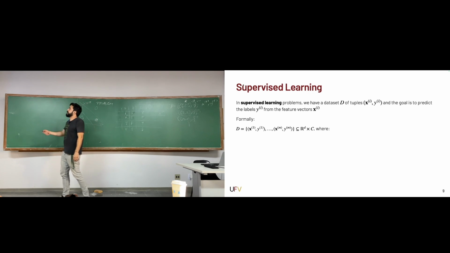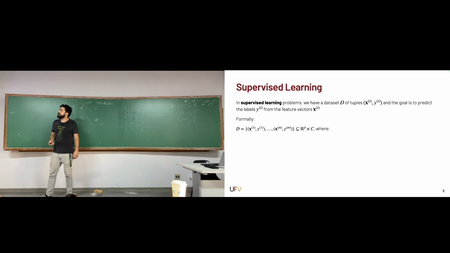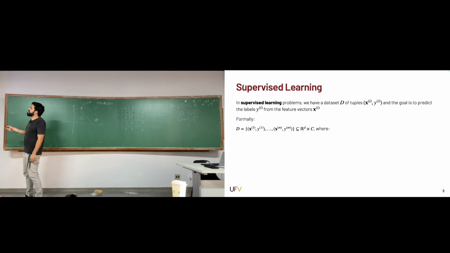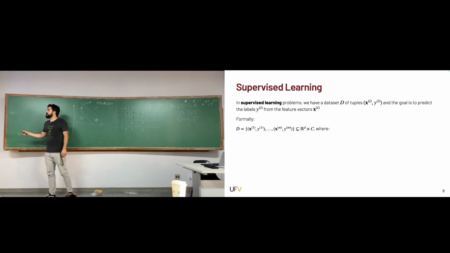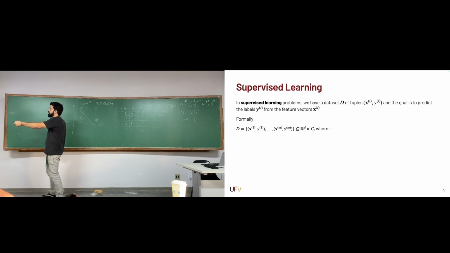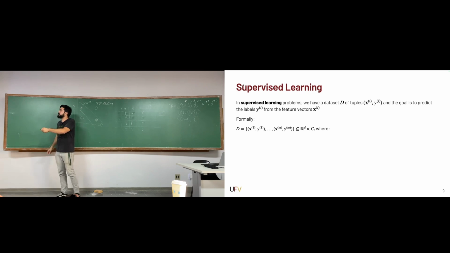So formally, we can define our data set as a set of these pairs, where this set D is contained in R^D cross C. Because we have pairs, we have two domains: the x's are in the R^D domain and the y's are in the C domain.